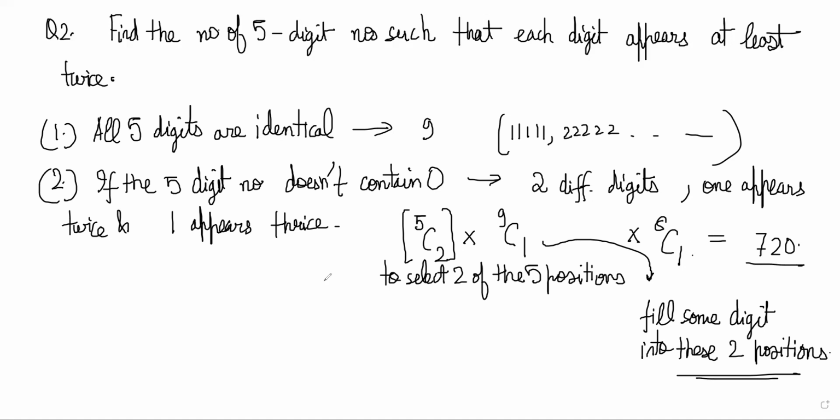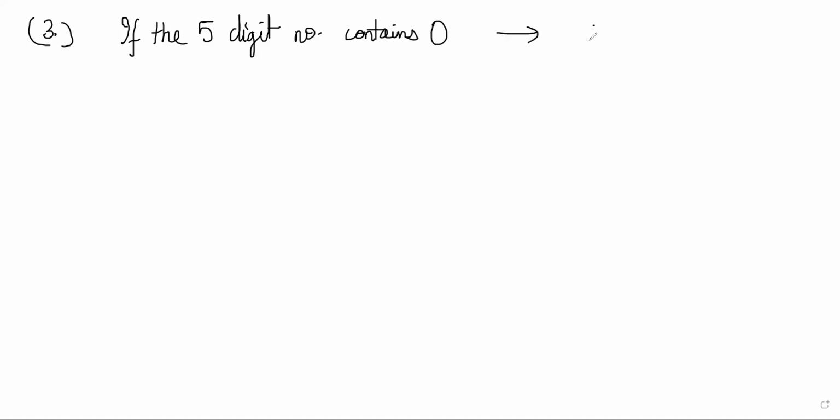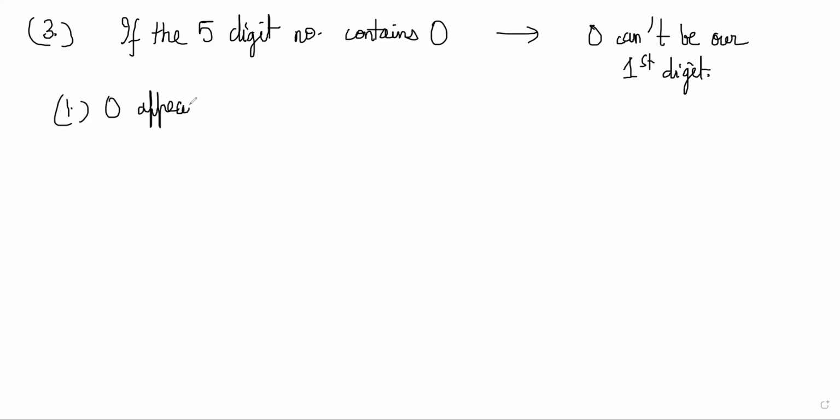Now the third case is where the 5-digit number contains 0. Obviously 0 can't be our first digit. So we have 2 options. 0 appears twice.